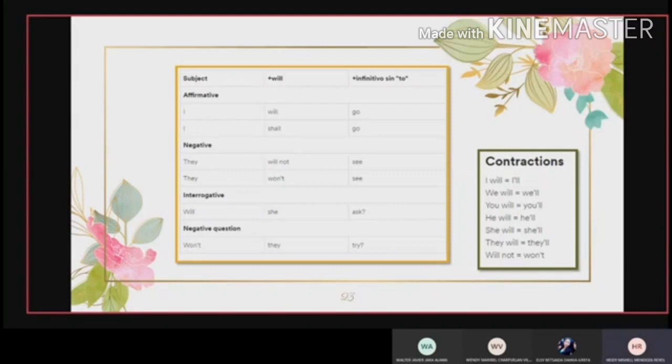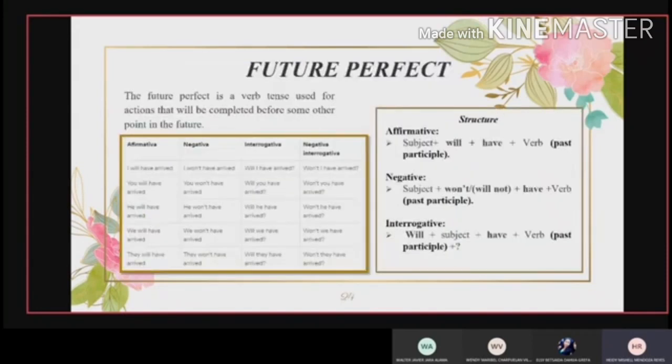When we use this, we are projecting ourselves into the future and looking back at an action completed at some point after the present. Most of the time, it is used with time expressions.